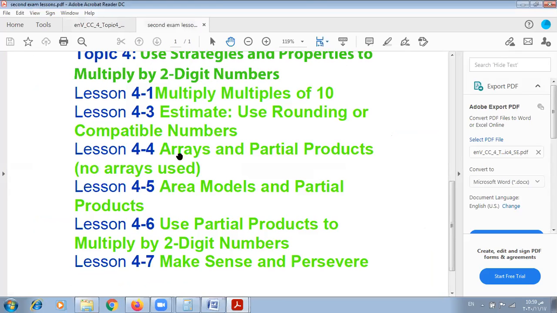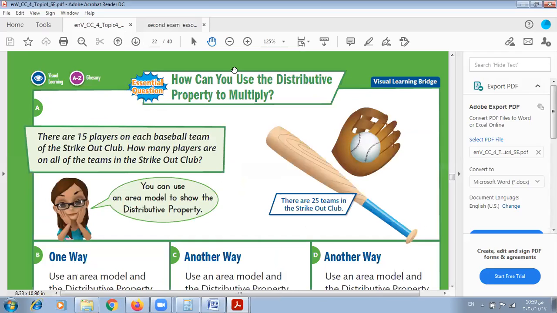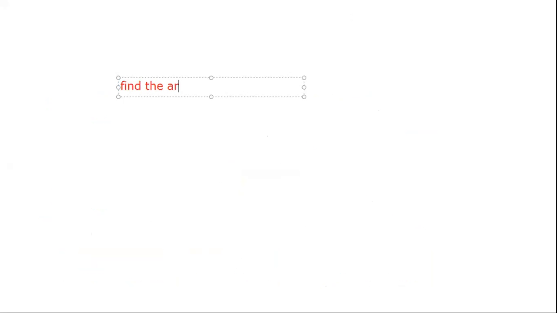Now let's see what we have for arrays and area models and partial product. Okay, so we have area models and partial product. How will you see the question in the exam? You will see a question like this: find the area. We took that already. I will give you a rectangle, and this rectangle is divided somehow.